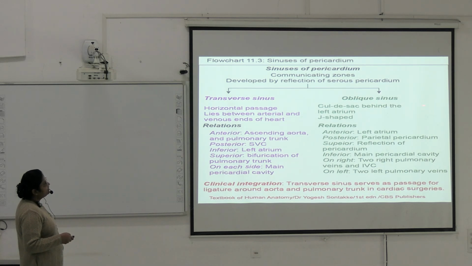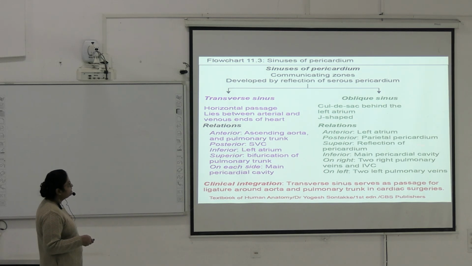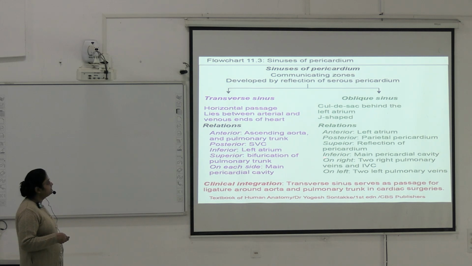Oblique sinus is a cul-de-sac behind the left atrium. It is J-shaped. Relations: anteriorly the left atrium, posteriorly parietal pericardium, superiorly reflection of pericardium, inferiorly the main pericardial cavity. On the right side, two right pulmonary veins and IVC. On the left side, two left pulmonary veins.